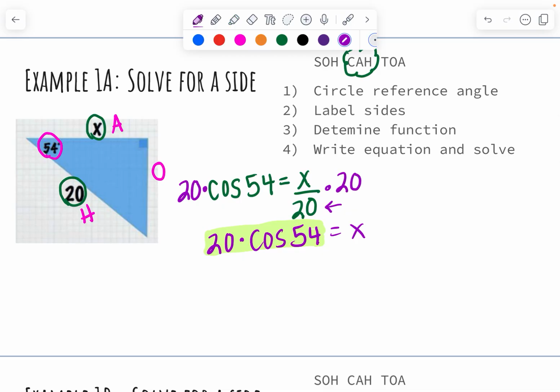So you might have to find the cosine of 54 first and then multiply by 20. If you're using one of the graphing calculators, you can just put it in as 20 times cosine 54. We're going to round to the nearest hundredth, which means x is approximately 11.76. If you got anything other than 11.76, make sure your calculator is in degrees. And again, you might have to play around with this order.